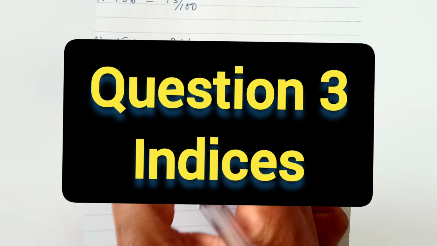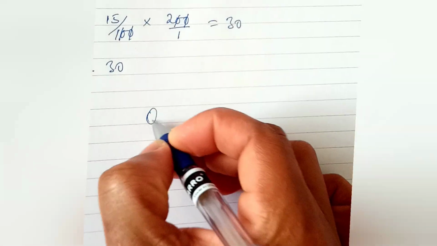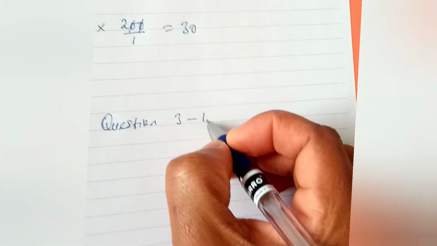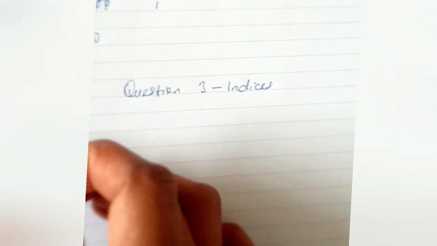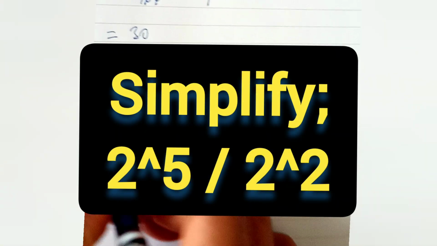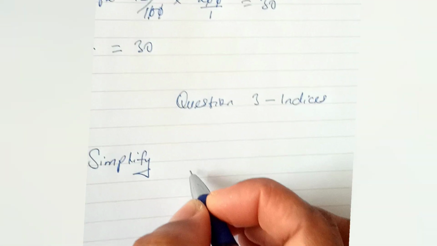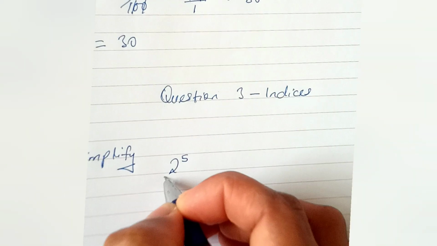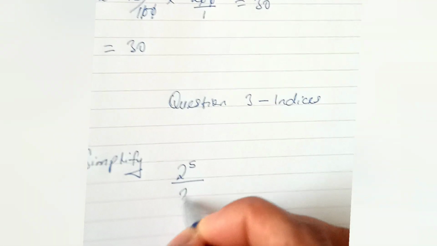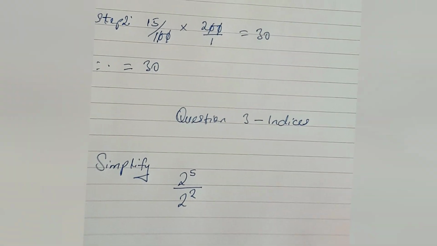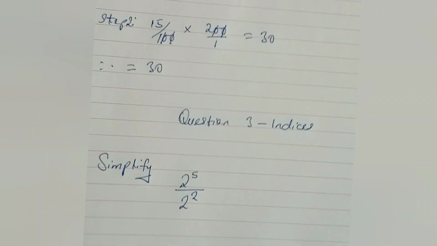Question 3. Indices. Assume you're asked to simplify 2 raised to power 5 divided by 2 raised to power 2. When dividing powers with the same base, we subtract the powers.